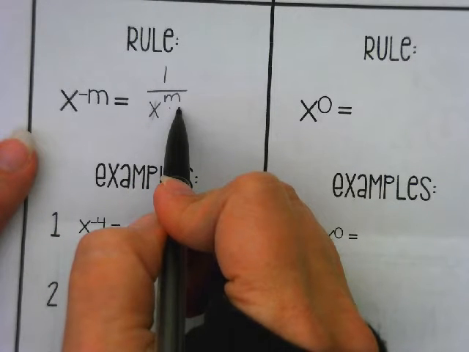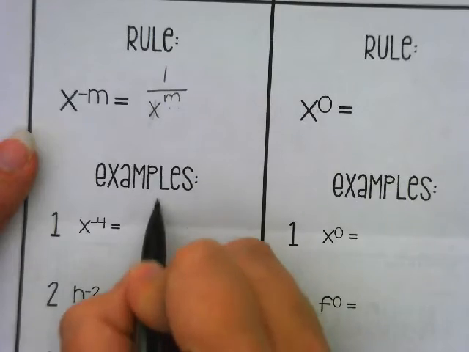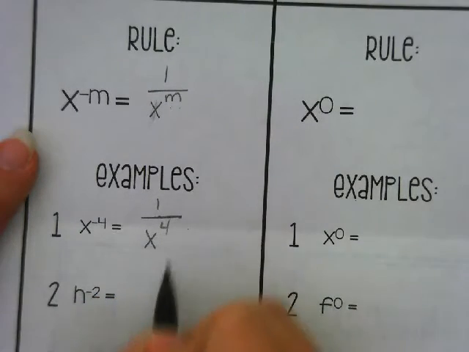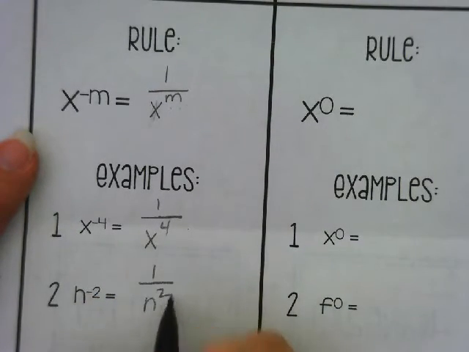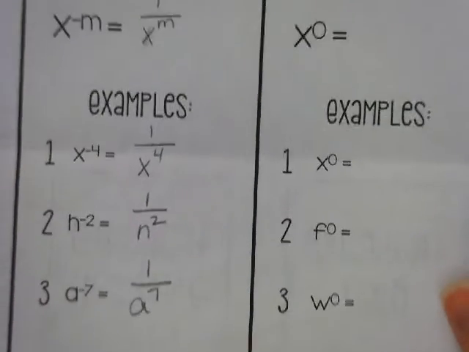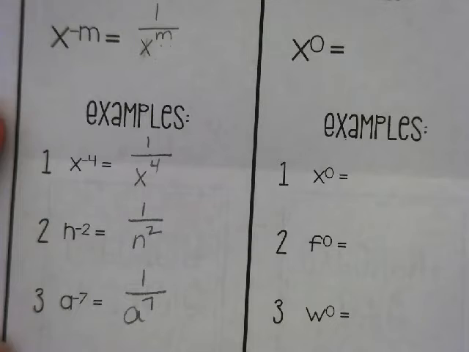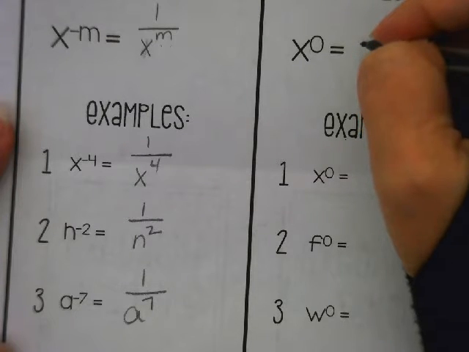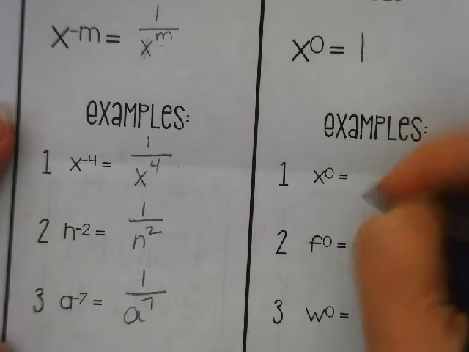If I have a negative exponent in my denominator, it's going to go to the numerator, right? So we can say 1 over x to the 4th, 1 over n squared, 1 over a to the 7th. And that was what we did in 19.2. In 19.2, we also did to the 0 power is 1.